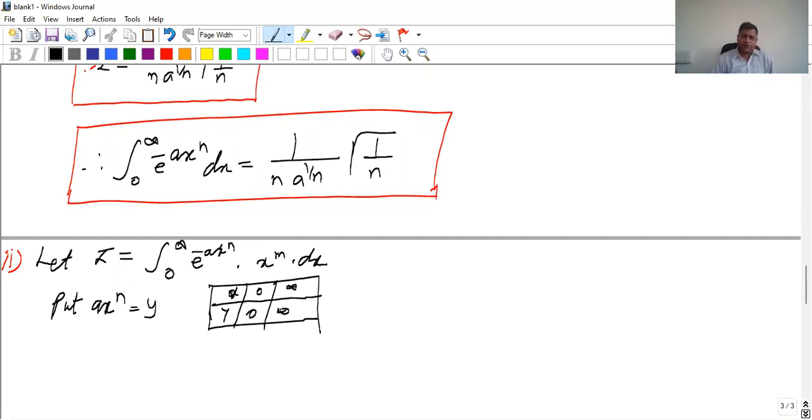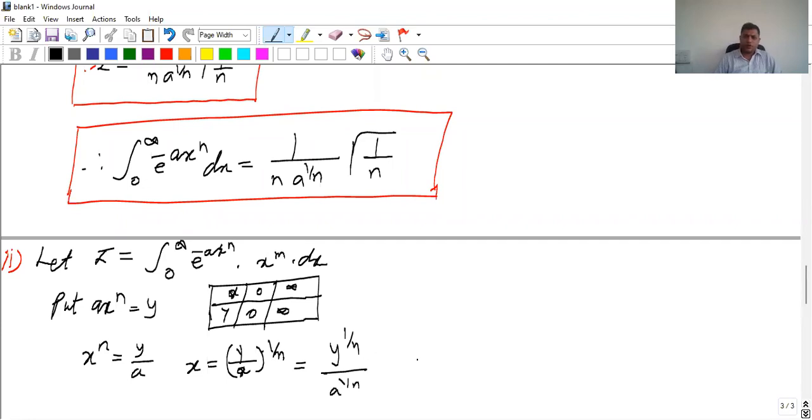For x equal to infinity, it will be infinity. Getting this? Yes. So x raised to n is equal to y by a, and x is equal to y by a, bracket raised to 1 by n. So it is y raised to 1 by n and a raised to 1 by n.